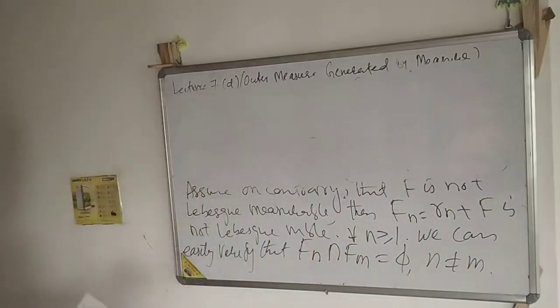So these Fn's are disjoint sets. You can easily verify they are disjoint sets. They are disjoint.